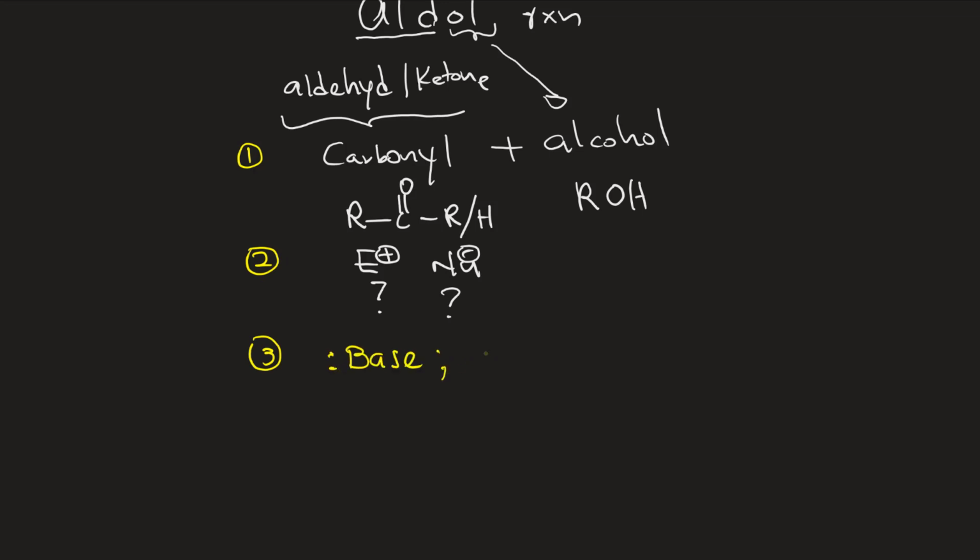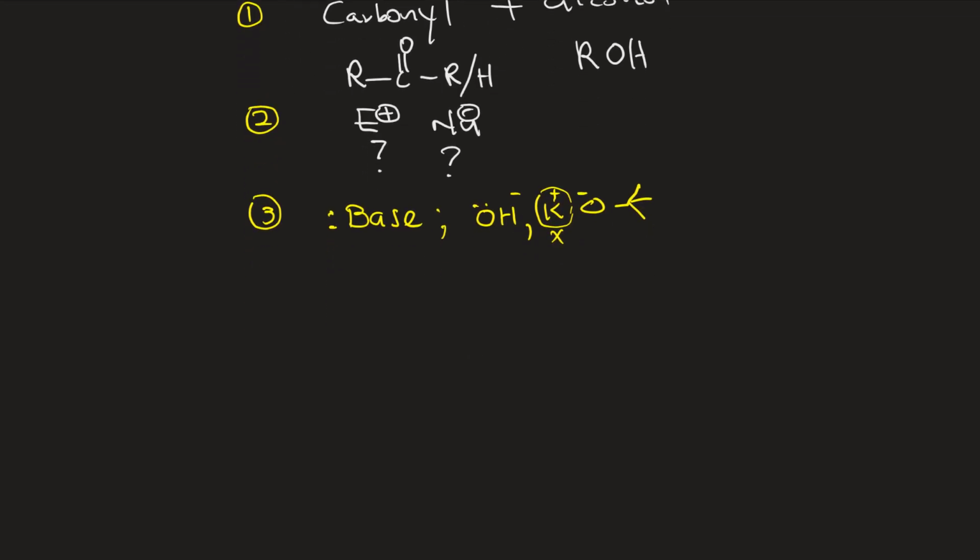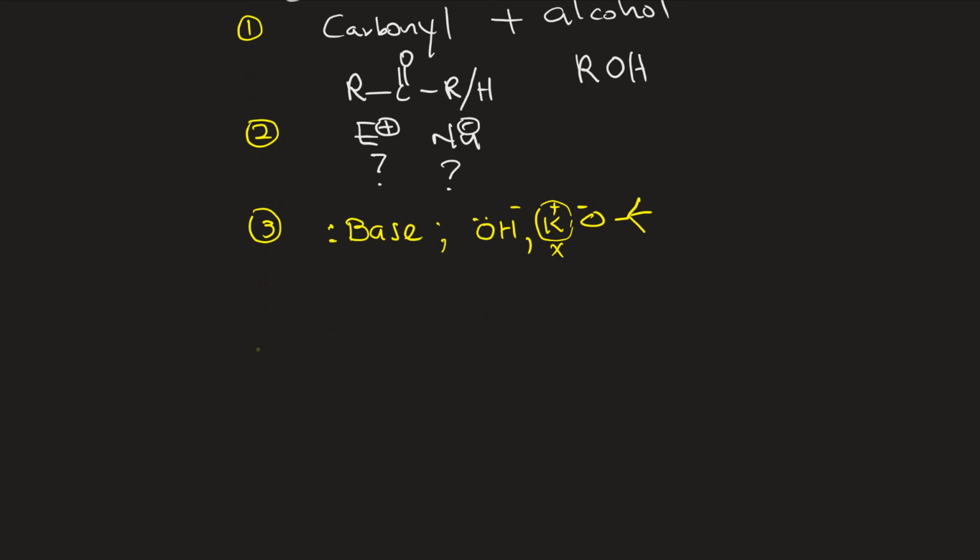A carbonyl and an alcohol are formed, and the reagents are bases. The bases could be hydroxide, or tertiary butoxide, which is a larger bulky base. Those are the good bases. Lithium aluminum hydride is also a good base.